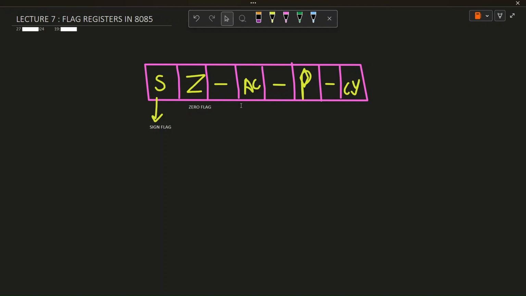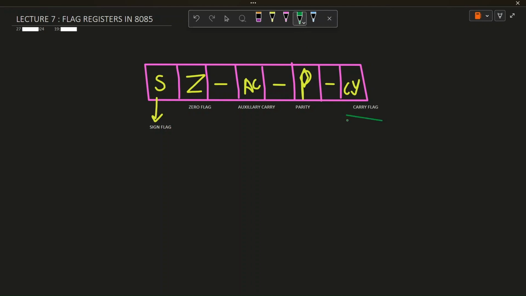Then comes our auxiliary carry, then again empty. Then comes your parity flag, and then again empty, and then comes your normal carry flag. So these are the different types of flags in 8085. Now we will study them backwards from here.